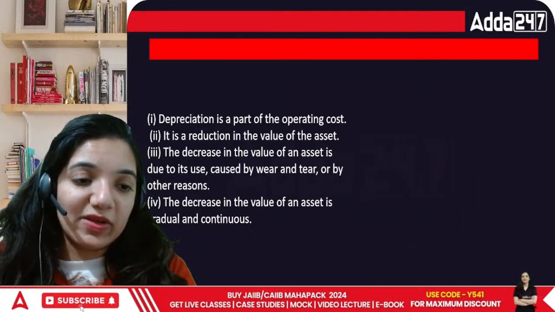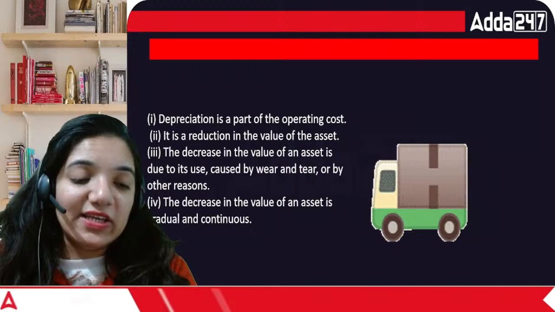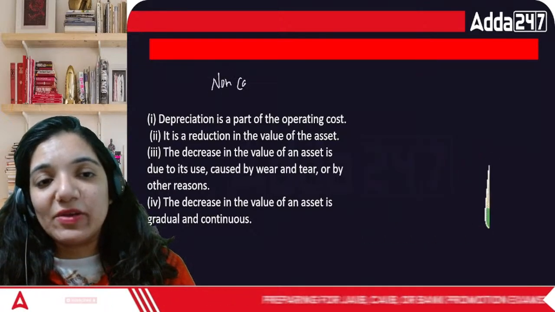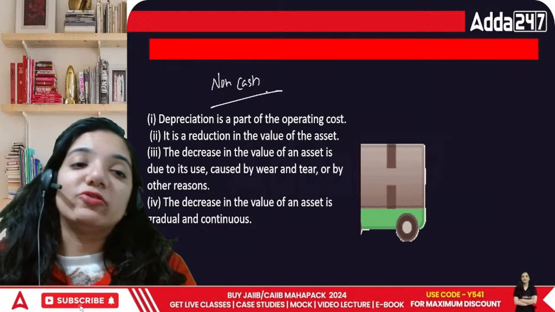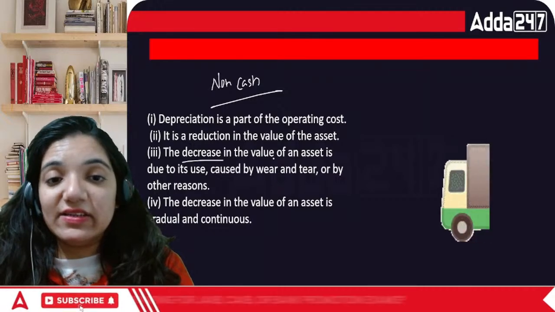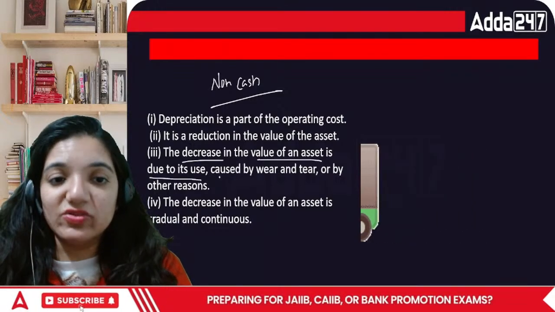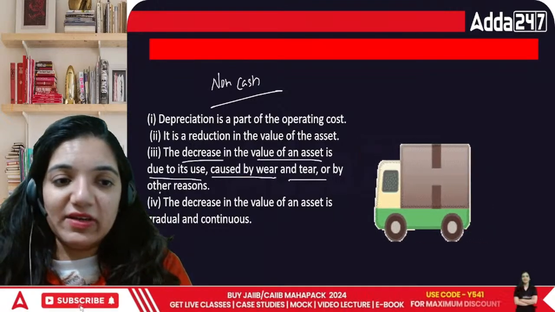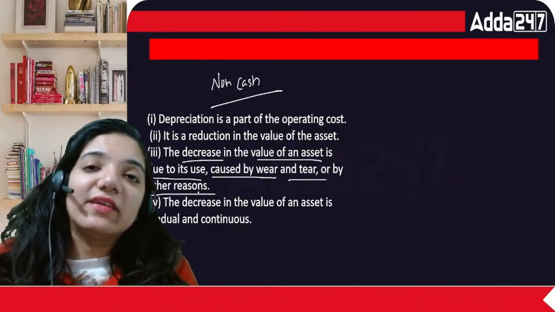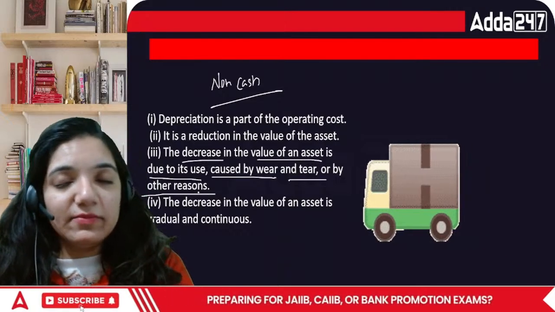This expense is not paid to anybody else; you only know that you are incurring the expense because you are looking forward to your survival. Every business looks forward to it. The decrease in the value of an asset is due to its use, caused by wear and tear or by any other reasons. That's how we define depreciation.